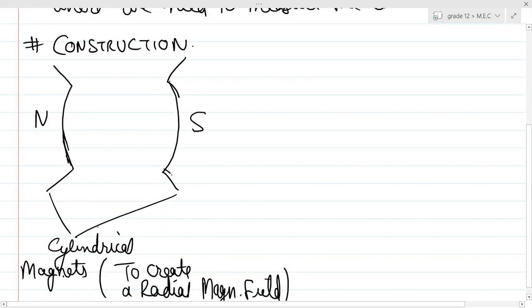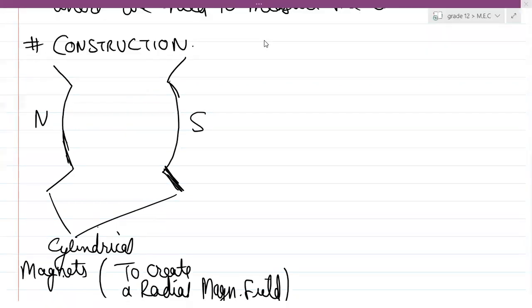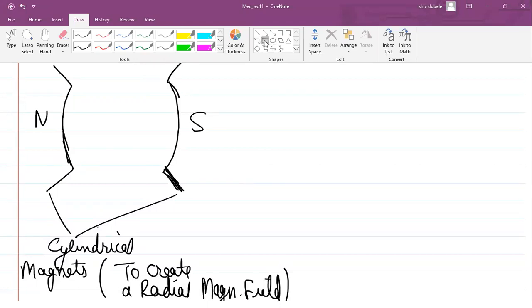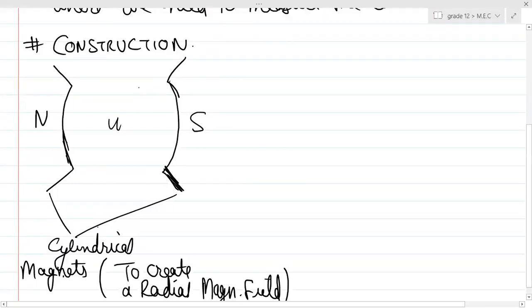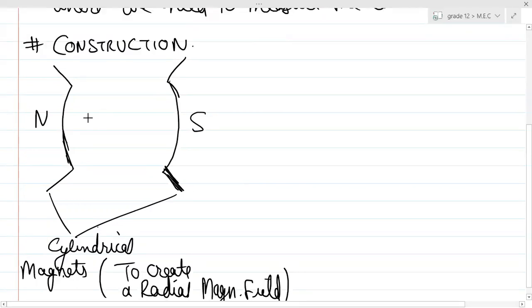And what else? There is a coil. Everybody is able to see a coil, right?